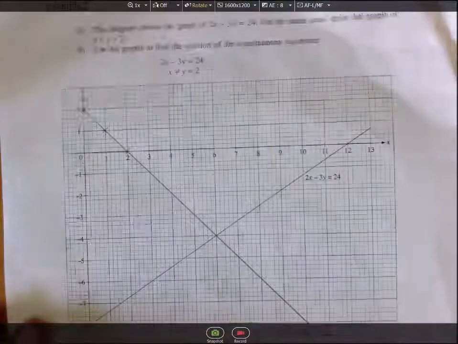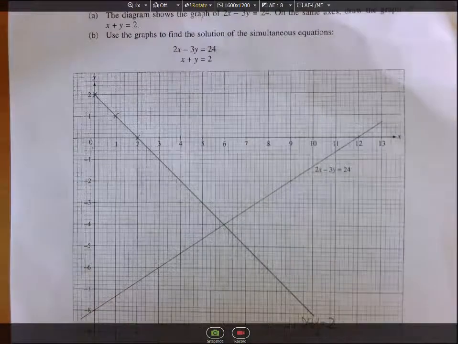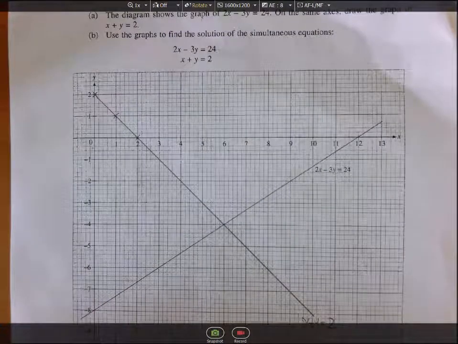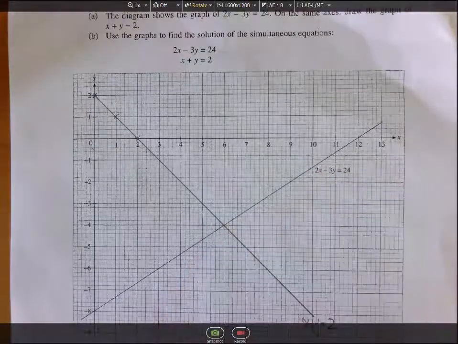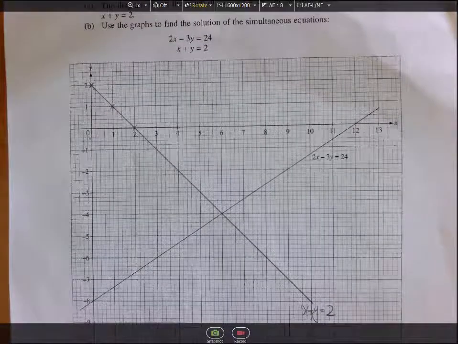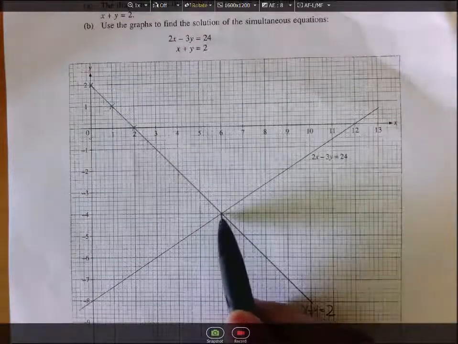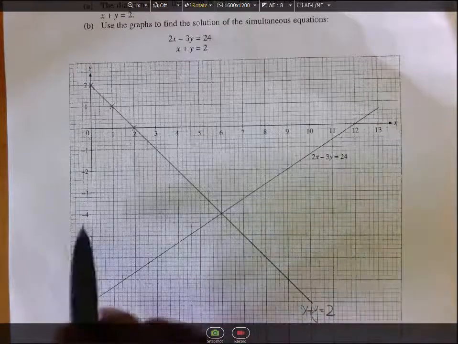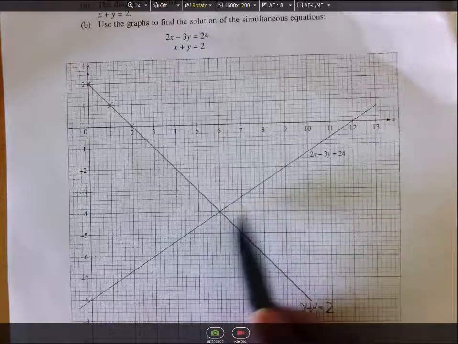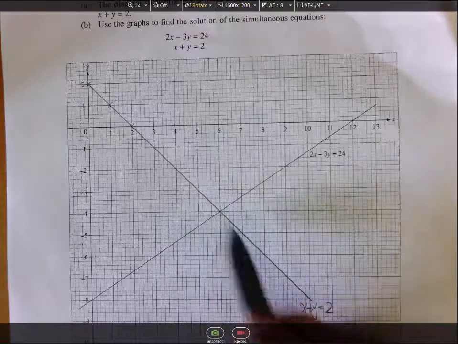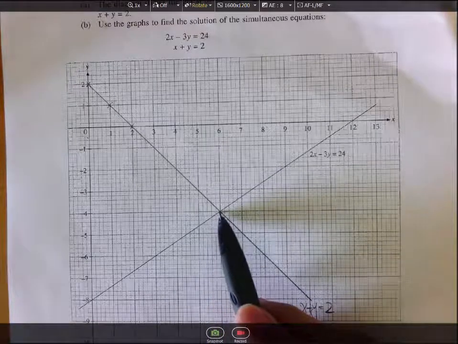Now how we solve them simultaneously is this. We look out for this very special point. This point is the intersection between the two graphs. What is so special about this point is, for this specific value of x and y, where x is 6 and y is -4, it satisfies this equation, and it also satisfies this equation because it lies on the line itself.